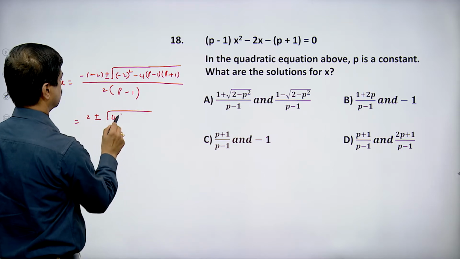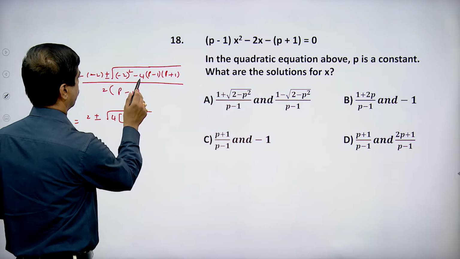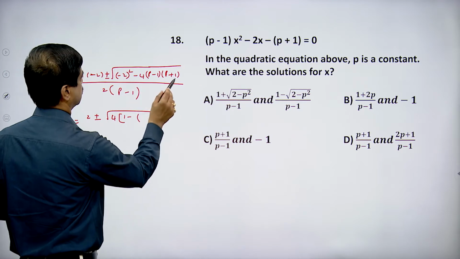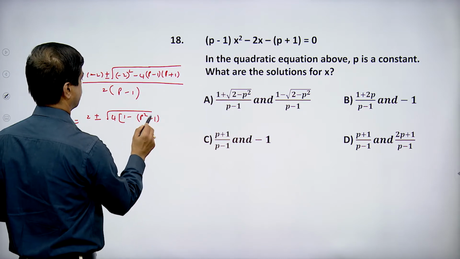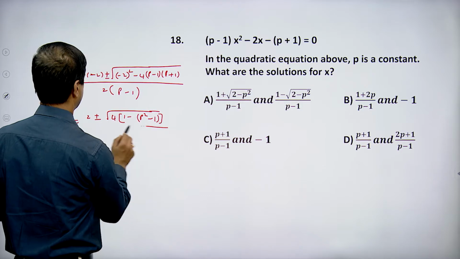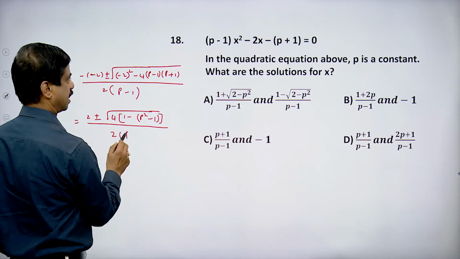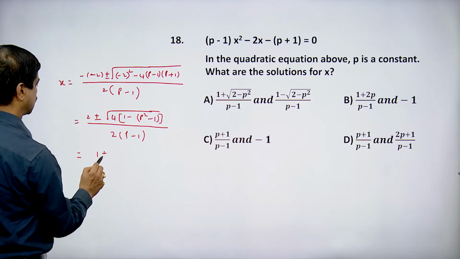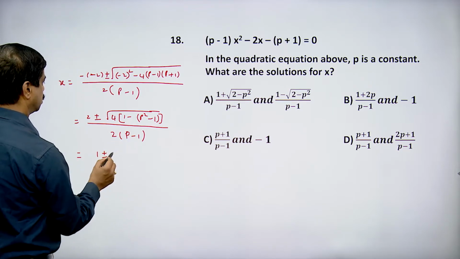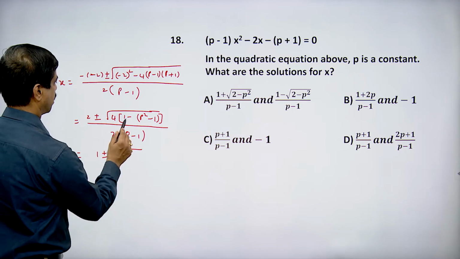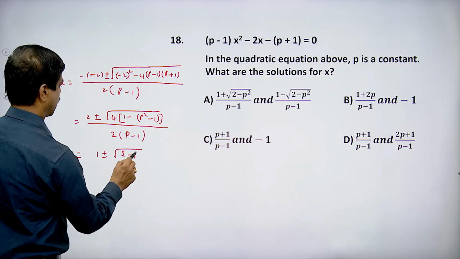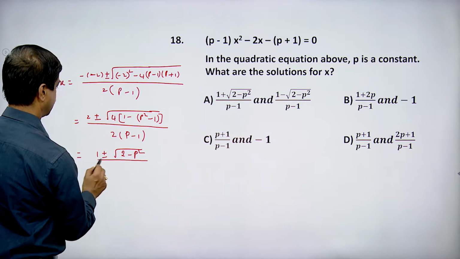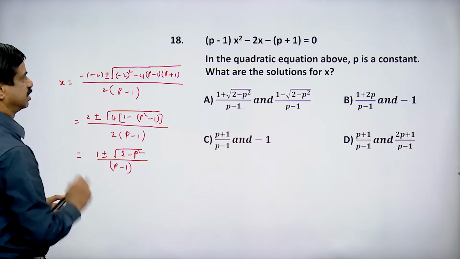If you take common, you will get 1 here, minus of, this is a plus b into a minus b, which is a square minus b square, by 2 into p minus 1. You can take 2 common in numerator and denominator, that cancels the denominator 2. So you will be getting root of 1 plus 1, that is 2 minus p square, by p minus 1. So this is the solution.